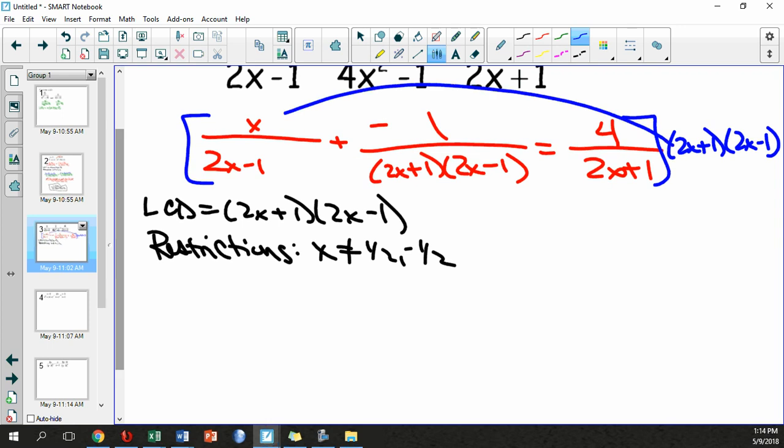What am I left with? What cancels out? The 2x minus 1 cancels out, and what am I left with? X times 2x plus 1. Go to the second one. What cancels out? Both of them? And then you're left with minus 1. Get out paper to girls and start going.